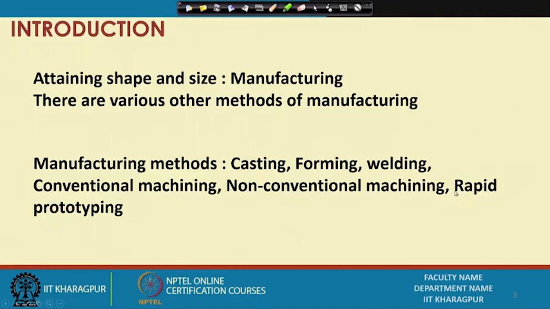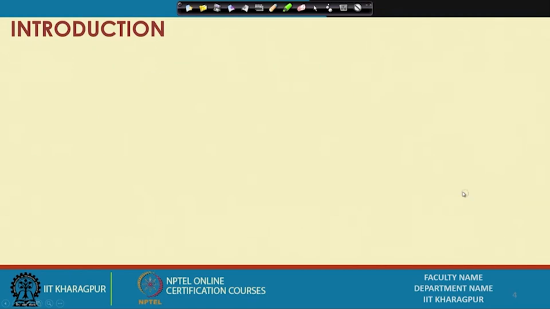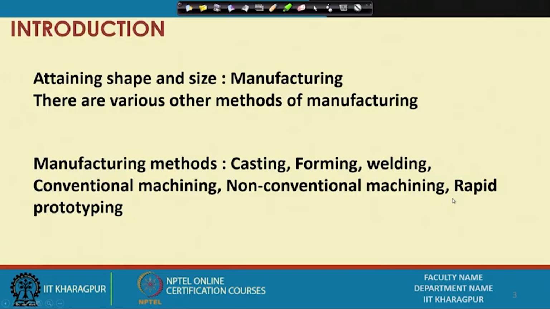We might be adding different volumes together so that they stick to each other and form a definite shape and size. In that case, we call it the method of rapid prototyping or additive manufacturing. I will just, in one or two lines, try to give you the idea of casting, forming, welding, etc., so that we have a brief overview of the main methods of manufacturing.